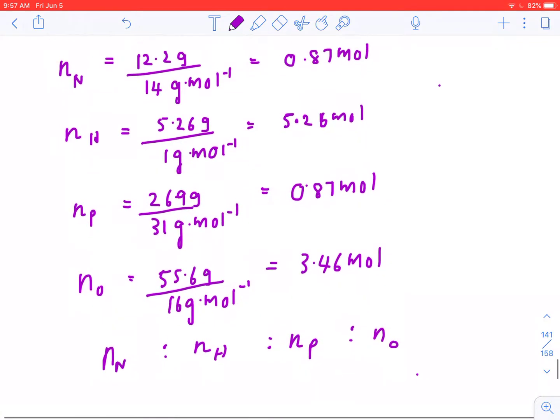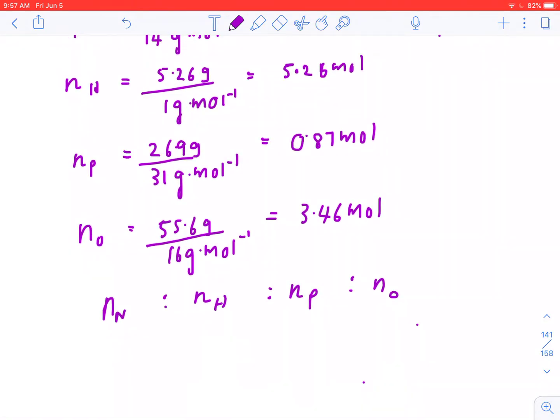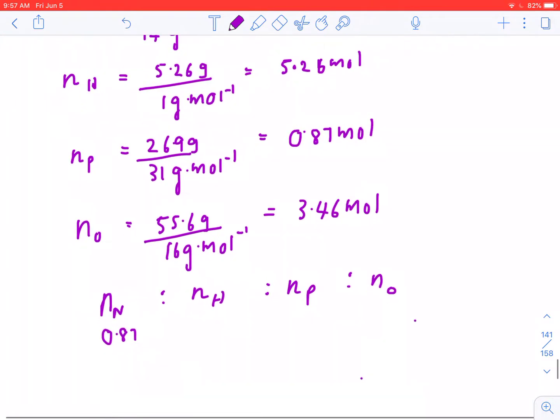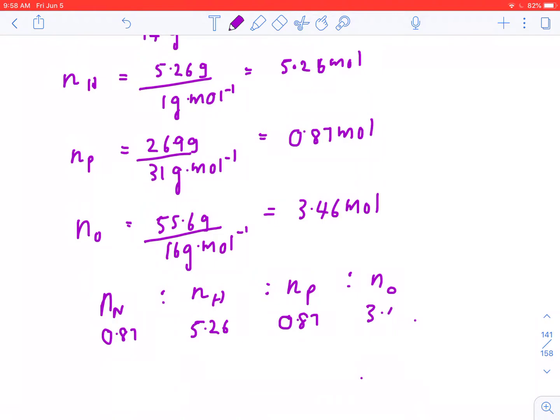Which would mean we got 0.87, 5.26, 0.87, and 3.46, right?